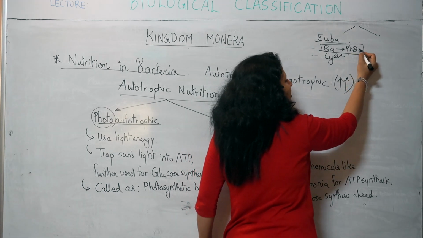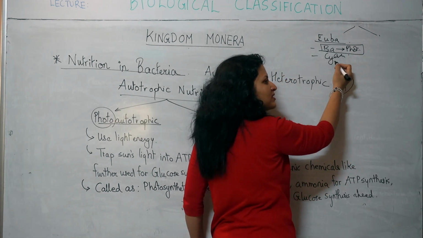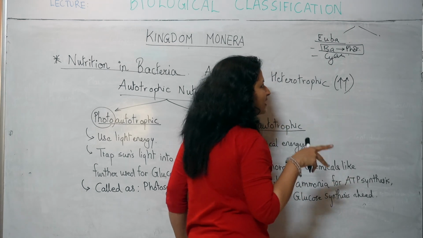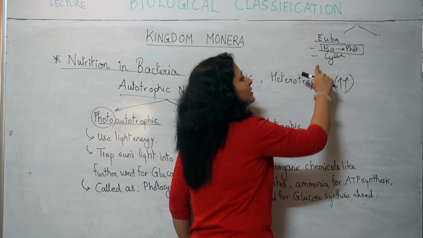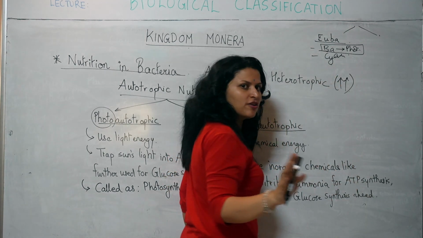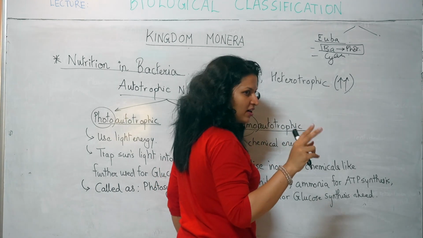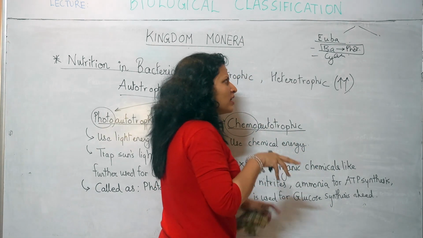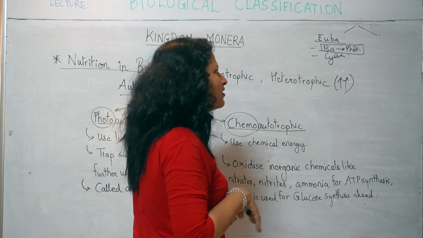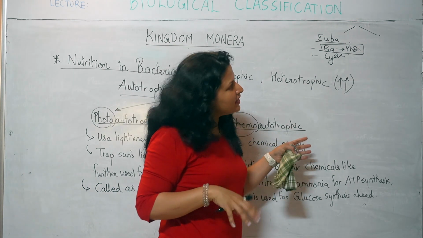These are not to be confused with the cyanobacteria that you will be doing later. Why? Because all cyanobacteria are also photosynthetic, that you know. So these are also photosynthetic eubacteria, and they are also photosynthetic eubacteria.